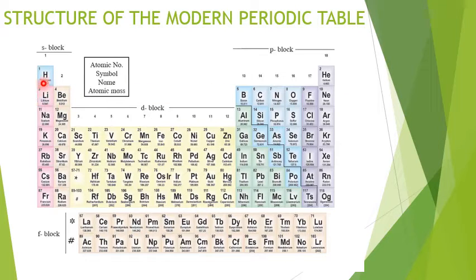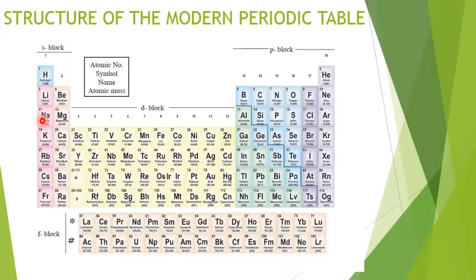In the first period, there are two elements, hydrogen and helium. In the second period, there are lithium, beryllium, boron, carbon, nitrogen, oxygen, fluorine, and neon. When I say periods, you have to see left to right. So there are a total of 7 periods in the modern periodic table.